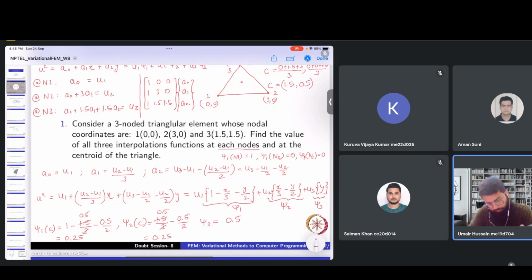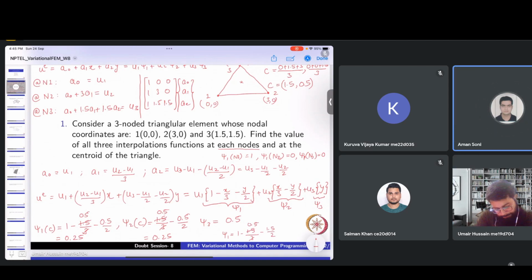So can we check the coefficient? 1 minus x by 3 minus y by 2 for u1, x by 3 minus y by 2 for u2.